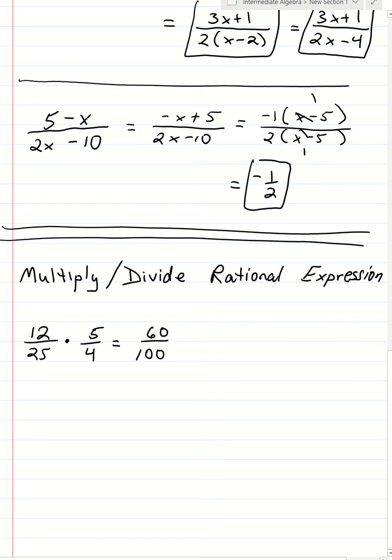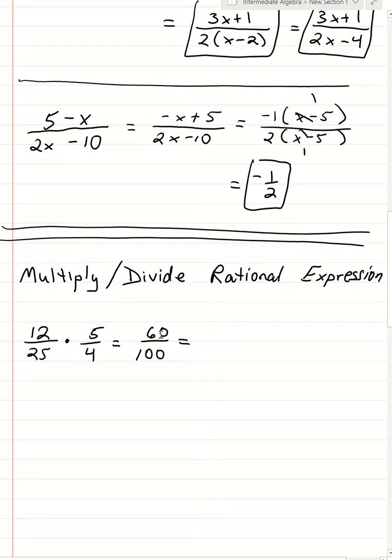And so now we have our multiplication done. But now you have to simplify this fraction. You want to simplify your answer. So how can we simplify 60 over 100? Well, let's do like we did in our very first example of 24/36.